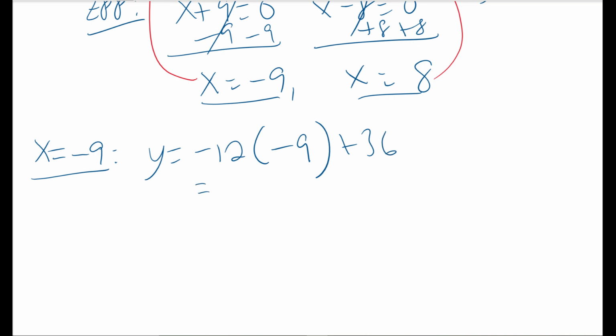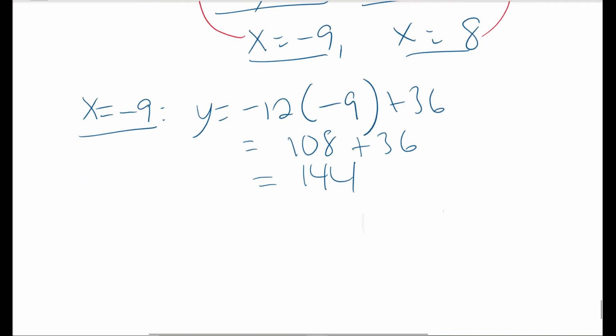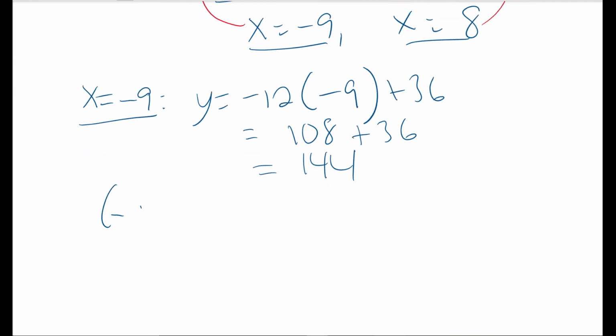Well, 12 times 9 is, what is that? 108, and 108 plus 36, yeah, 108 plus 36 is 144. All right, so that means one of our coordinates is negative 9, 144.